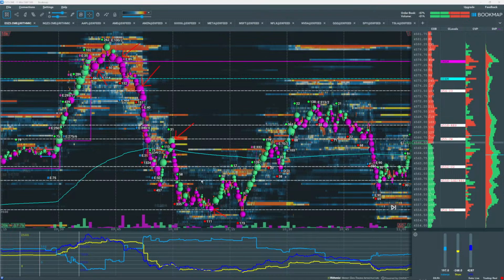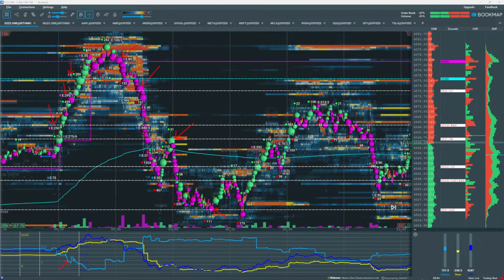One other thing to note is the falling light blue line showing large traders were selling strength here, selling this move higher with iceberg orders they used to hide their size. That's shown by the falling light blue line in the subgraph as well as these icons.